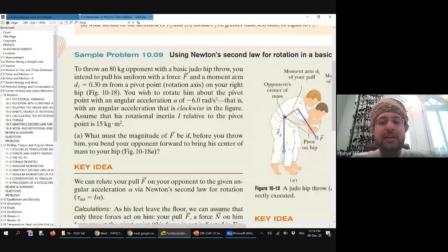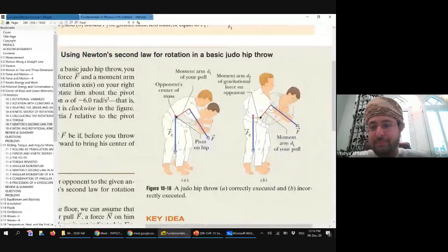You wish to rotate that person about the pivot point with an angular acceleration of alpha equals -6 radians per second squared, and that is clockwise. Assume that the rotational inertia relative to that pivot point is 15 kilograms meter squared. So we don't really need to do any calculations with inertia. They are given it as 15 kilograms meter squared.